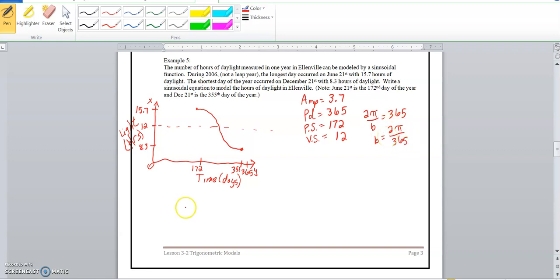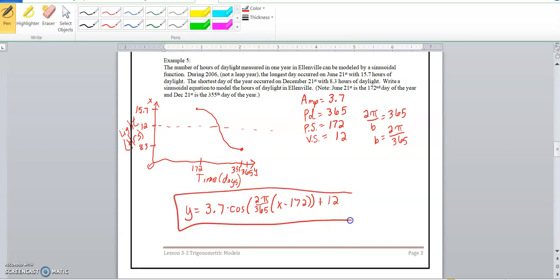So our equation is y equal to 3.7 cosine of 2 pi over 365, parentheses, x minus our phase shift, plus our vertical shift. There you go.